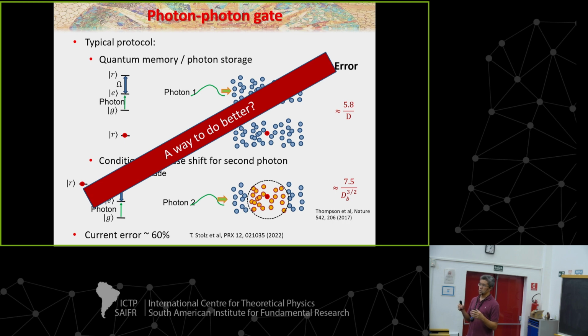So there's this whole field of linear optics-based quantum computing, where as long as you can generate single photons, shine them through beam splitters and do measurements, in principle that is one possible way to do quantum computing. The resources you need are single photon sources, which atoms can provide, but you don't really need deterministic photon-photon interactions.